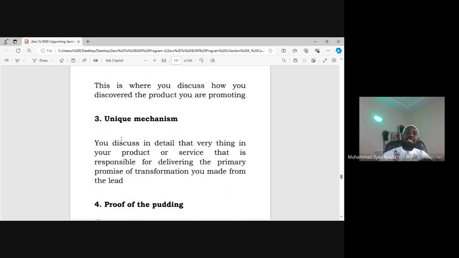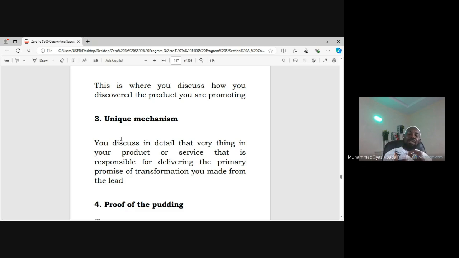Then the next thing is the unique mechanism. This is the process that the product you are selling follows to deliver the promise you made in the lead. For instance, you are selling a product that will cure people of, let's say, diabetes. How does it occur?